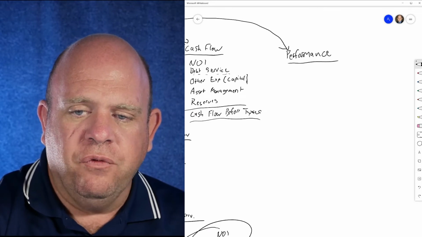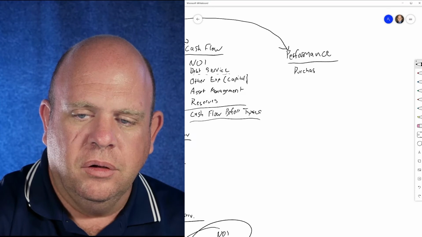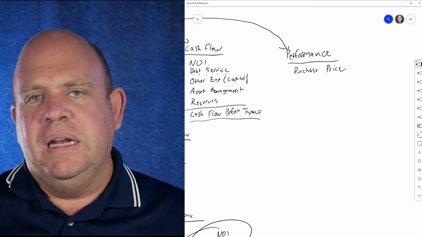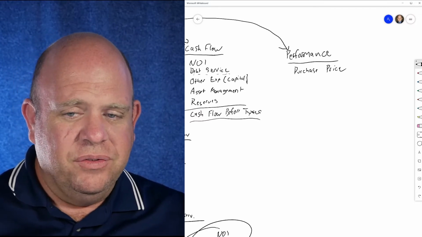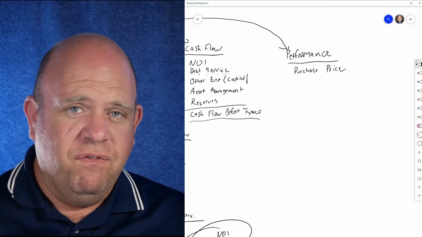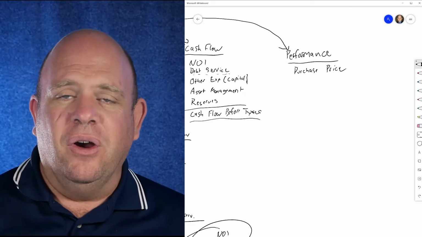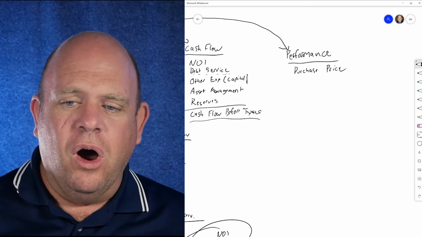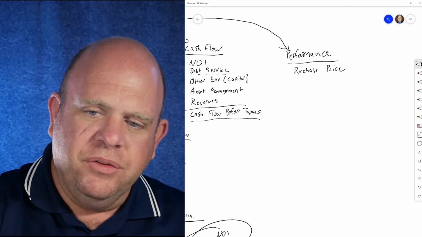So performance starts with the purchase price, right? I need to understand what the price of the investment starts in at. This is not the purchase price of the investment. This is the purchase price of the property. There are going to be other costs that go on this as well. So we've got the purchase price of the property.